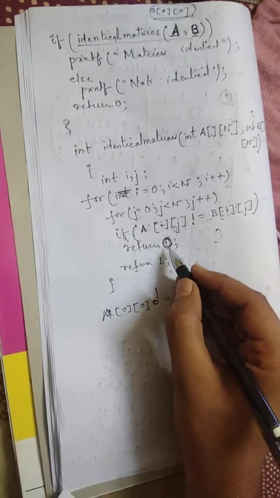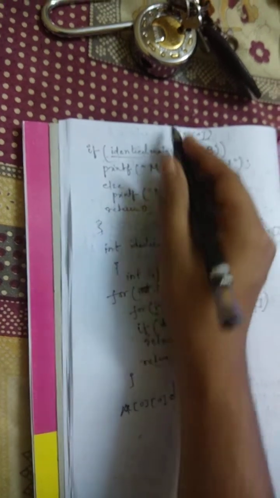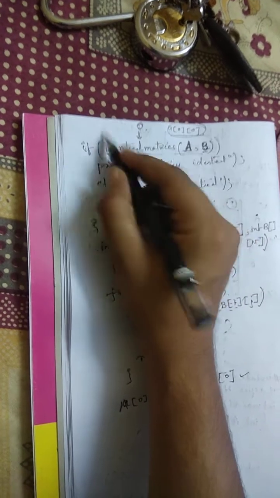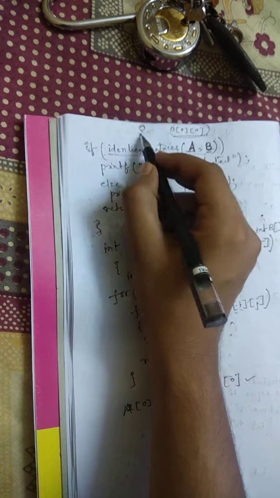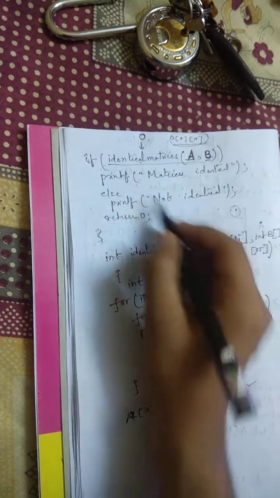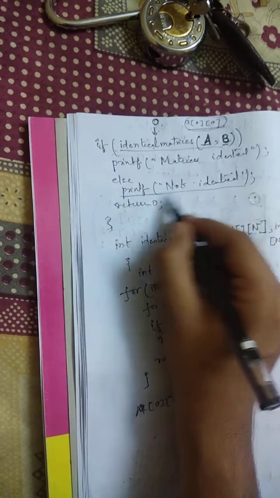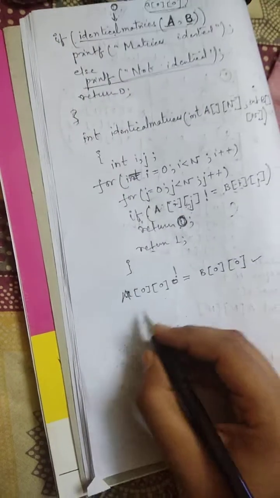If this returns 0, then the value here will be replaced by 0. So if 0, that means the condition is false. If it is 1, then you can say it is true. But here it is 0, so this is false, and this will come under the else statement: the matrices are not identical.